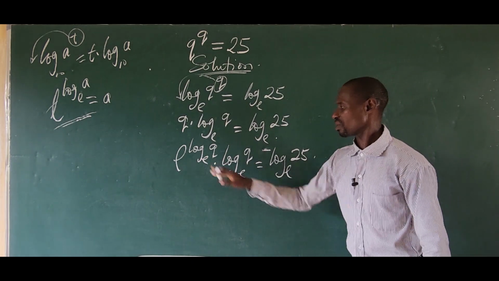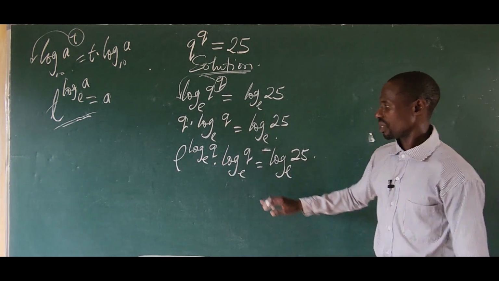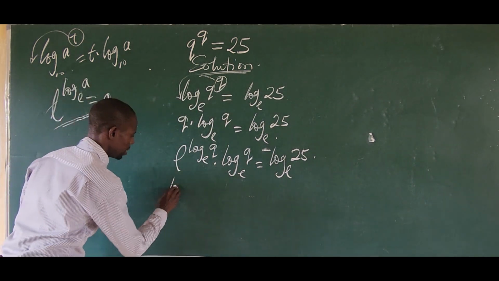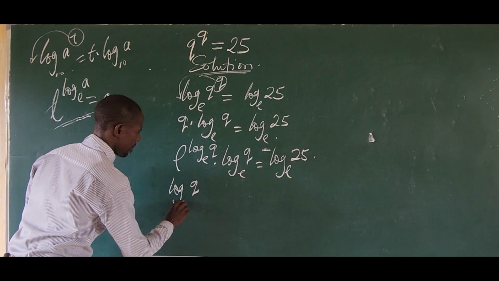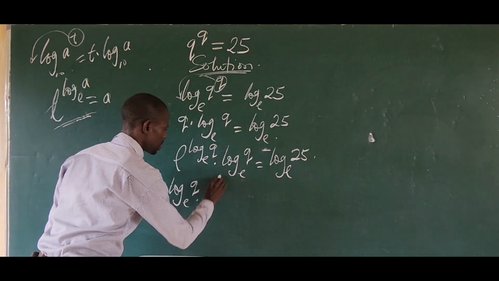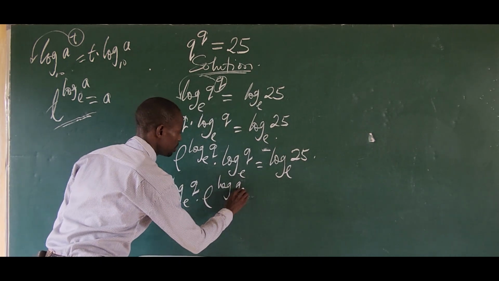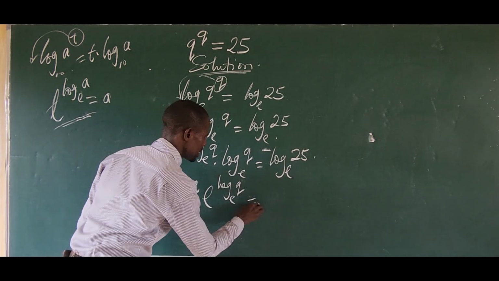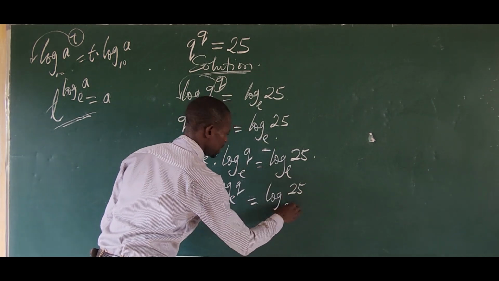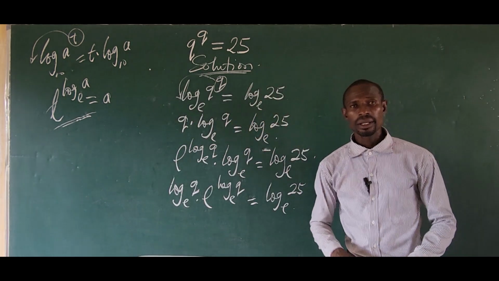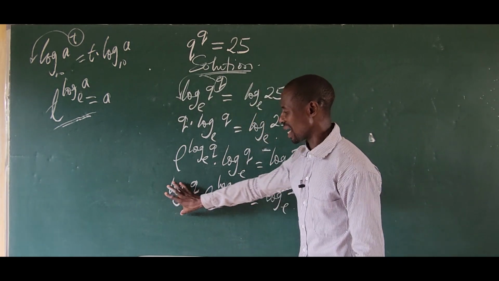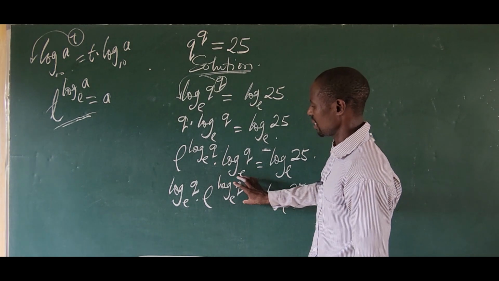Good. So we just have to rewrite this again. It could be written as log q base e times e raised to log q base e, equal to log 25 base e. Now, look at this expression we have here. You discover that what we are having at the base here is what we are having at the exponent.